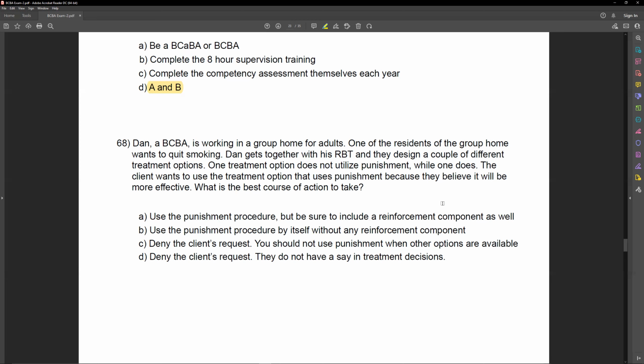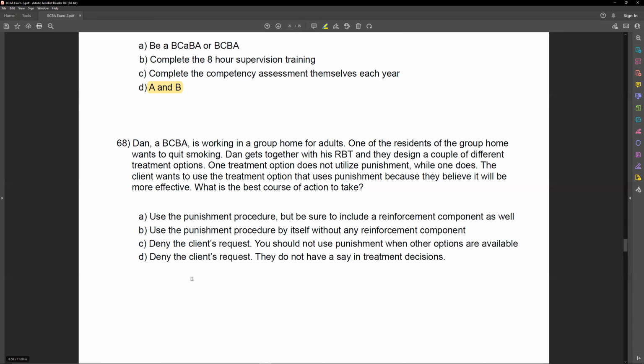We know both interventions are going to be fine. We have both ready to go. The client prefers the one with punishment. That is totally fine, right? As long as we're also including that reinforcement component, we're not changing the intervention, it is totally fine and encouraged, and you should take into consideration the client's preference. If the client thinks this is going to be more effective at helping them quit smoking, we should try it out.